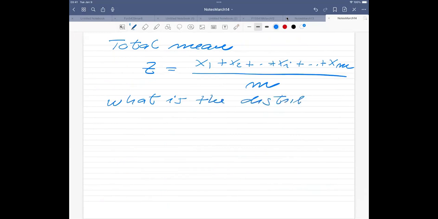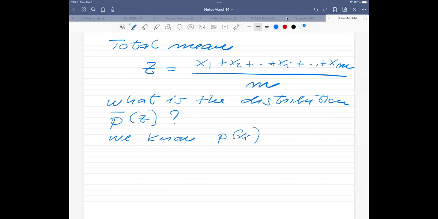So we assume now that you know the distribution for the individual ones. What is the distribution, which I call P of Z, and I'm going to put a bar on it. So we know these small guys, P of X of i, they are known, and all of these have the same distribution.